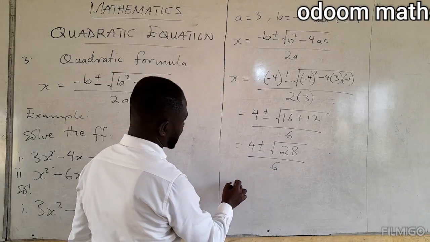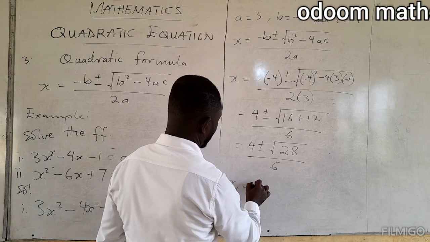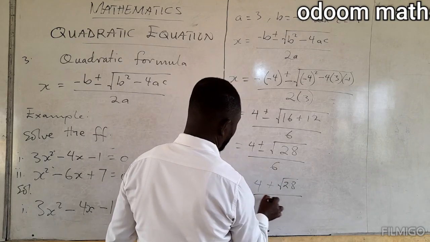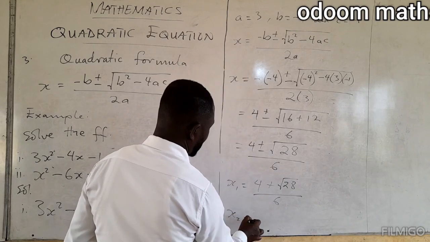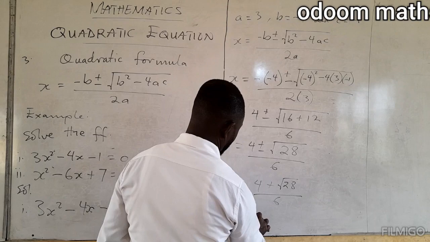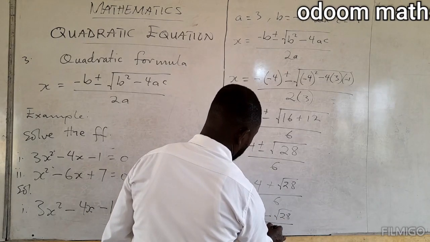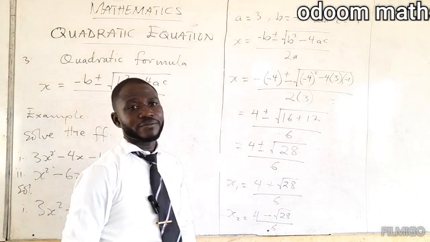So the first answer for x becomes 4 plus root 28 over 6, and the second answer becomes 4 minus root 28 over 6. You can simplify this and get the answer on the calculator.